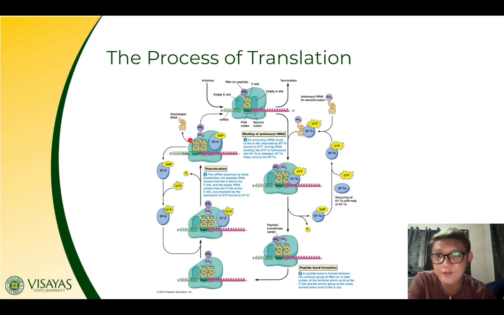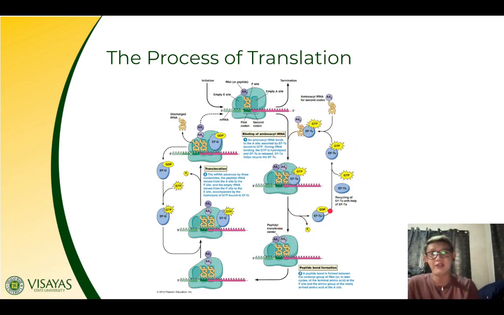The tRNA that carried the first amino acid will be released. Okay, so another transfer RNA containing the amino acid that's corresponded by this codon will bind to this, and so the whole cycle is just repeated.